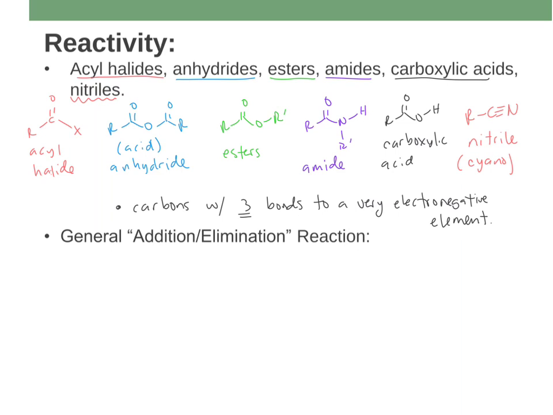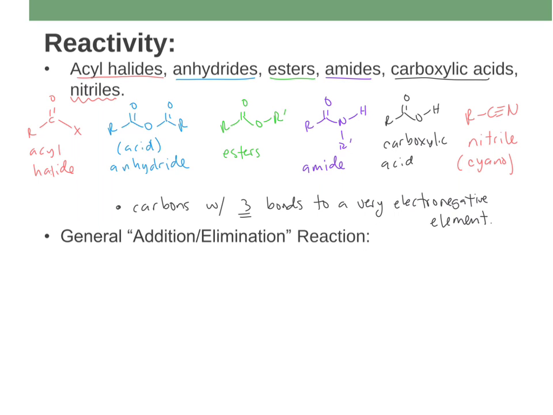Now, in some of them, it's 3 bonds to a nitrogen, like in a nitrile. Some of them, it's 3 bonds to an oxygen, like in an ester or anhydride. Sometimes it's a mixture, like maybe bonds to O and an N, like in amides, or maybe O and a chlorine, for example, in acyl halides. But the idea is that it's more electronegative.